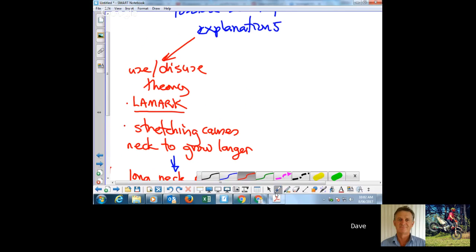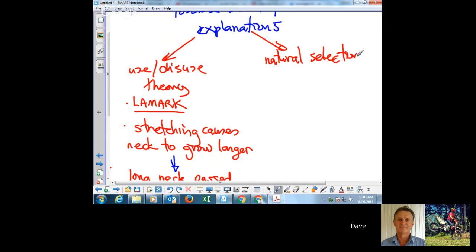The other explanation was one that is called the idea of natural selection theory.